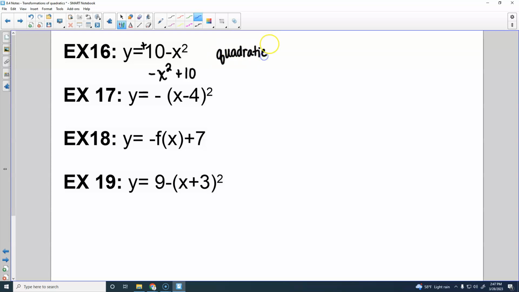I'm going to use the fancy language for this, reflected over the x-axis, which does essentially just mean flipped upside down, right? And then what else happens to it, Aiden?